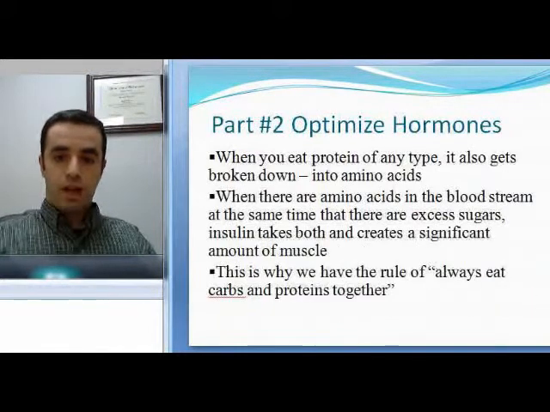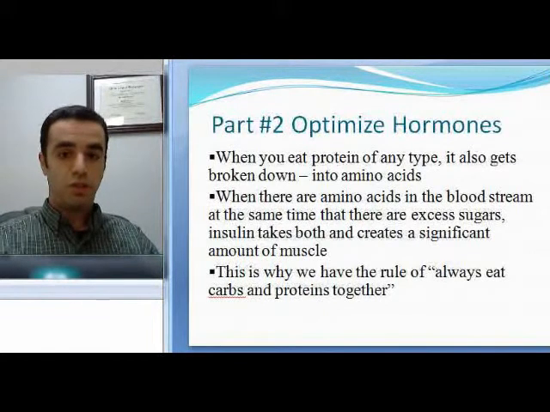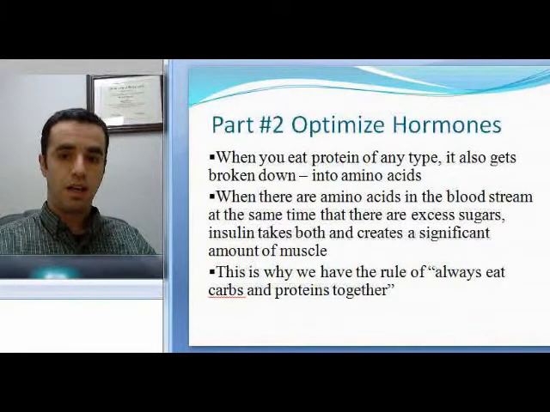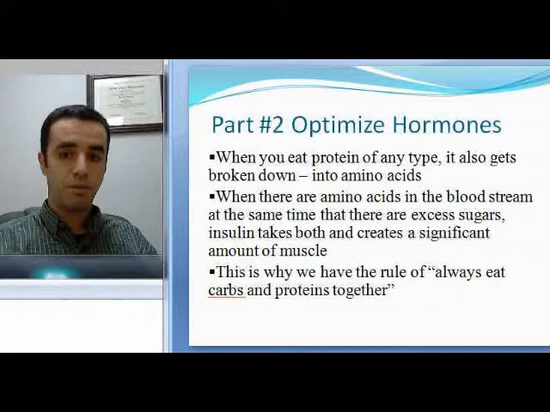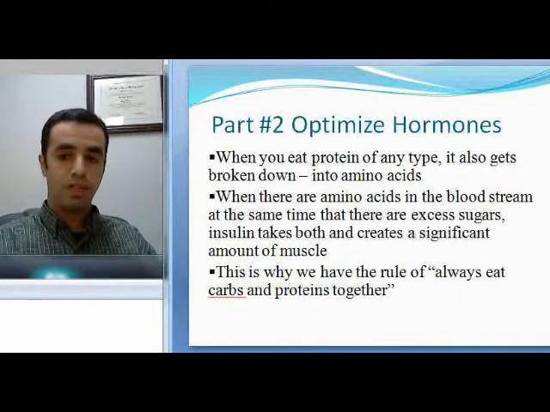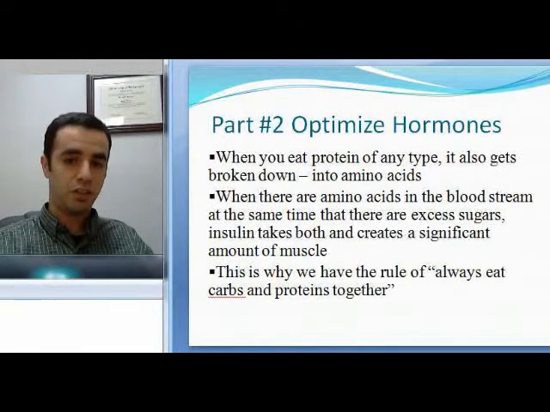So when you eat any type of protein, this also gets broken down, into amino acids. So if you recall, I just said that any type of carb gets broken down into sugars in the bloodstream. Well, any type of protein gets broken down into amino acids. So amino acids are essentially the equivalent of sugars, but they're actually the building blocks of proteins rather than carbs.